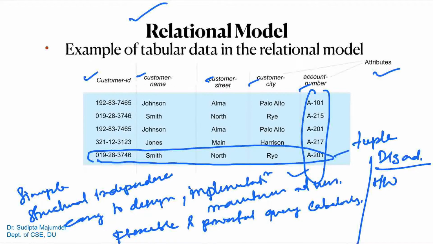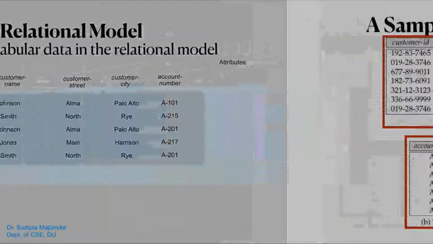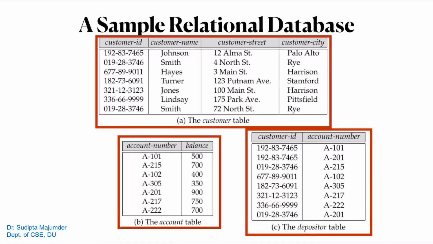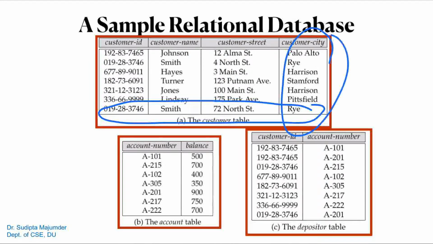Number two, since it is very easy to design, the capability to design the database can lead to bad design. This is an example of a simple relational database model. These are the tuples, these are the attributes.